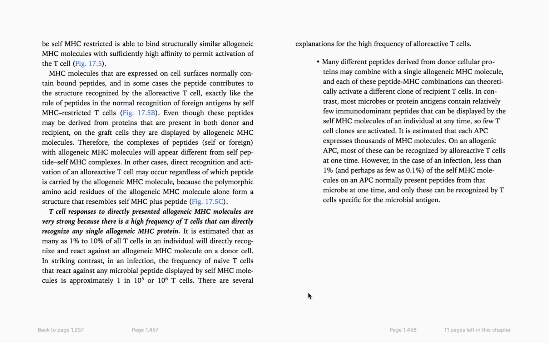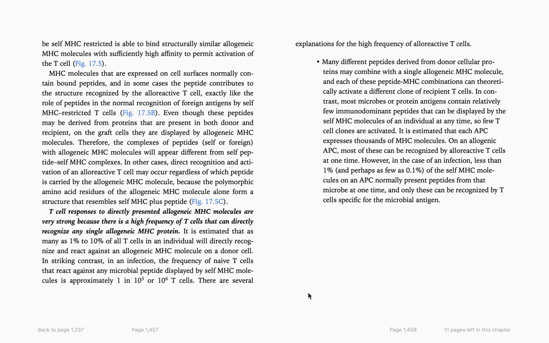T cell responses to directly presented allogenic MHC molecules are very strong because there is a high frequency of T cells that can directly recognize any single allogenic MHC protein. It is estimated that as many as 1% to 10% of all T cells in an individual will directly recognize and react against allogenic MHC molecules on donor cells.